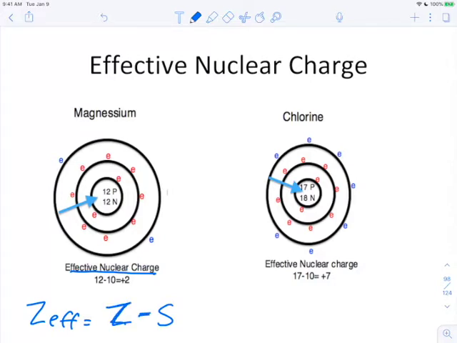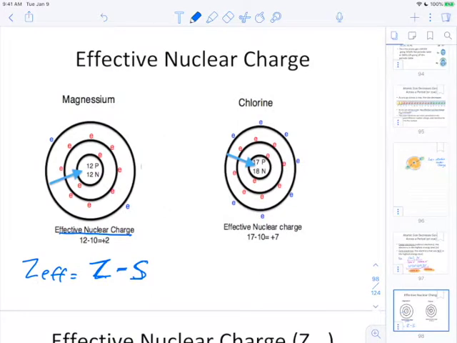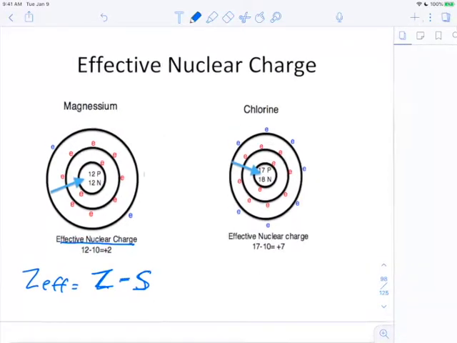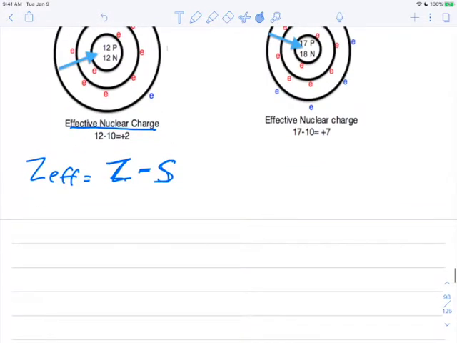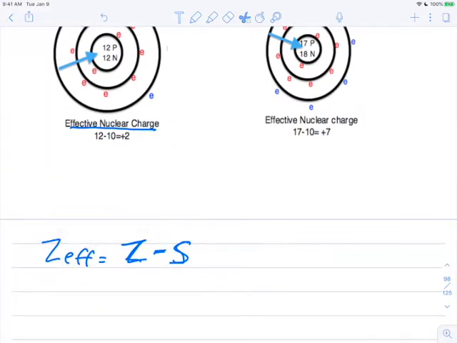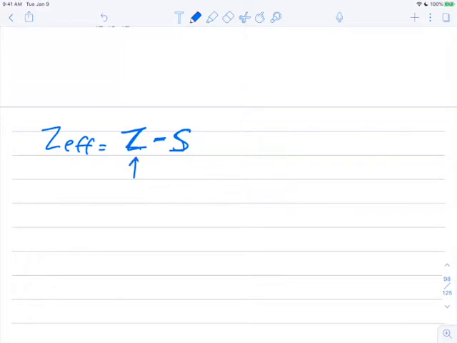So Z minus S, where Z is the atomic number or the number of protons, and S is what we think of as the shielding factor, and for us that shield is going to be the number of core electrons.